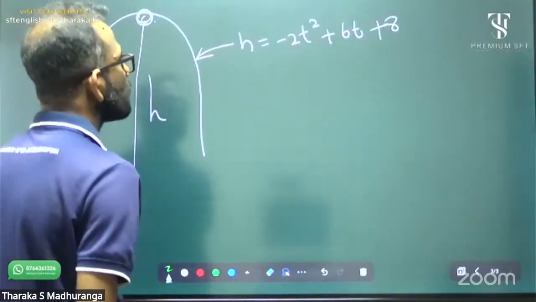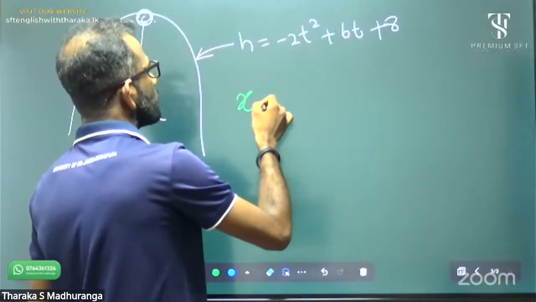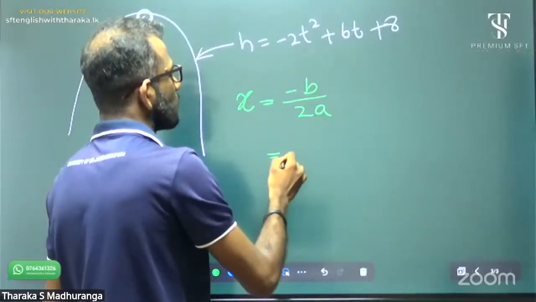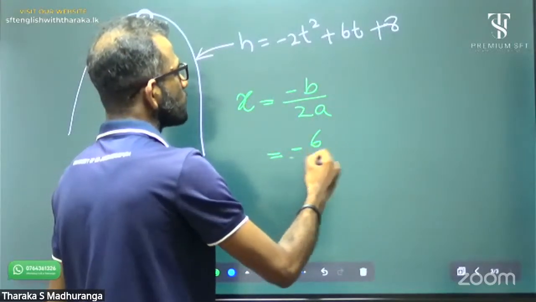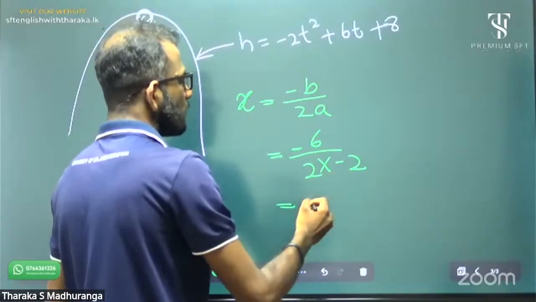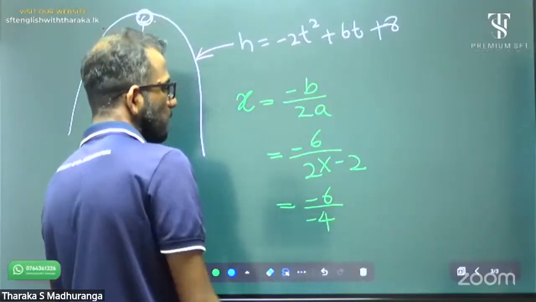Turning point means t turning point equal minus b over 2a. Minus b means minus 6 over 2 into a, minus 2. Minus 6 over minus 4.